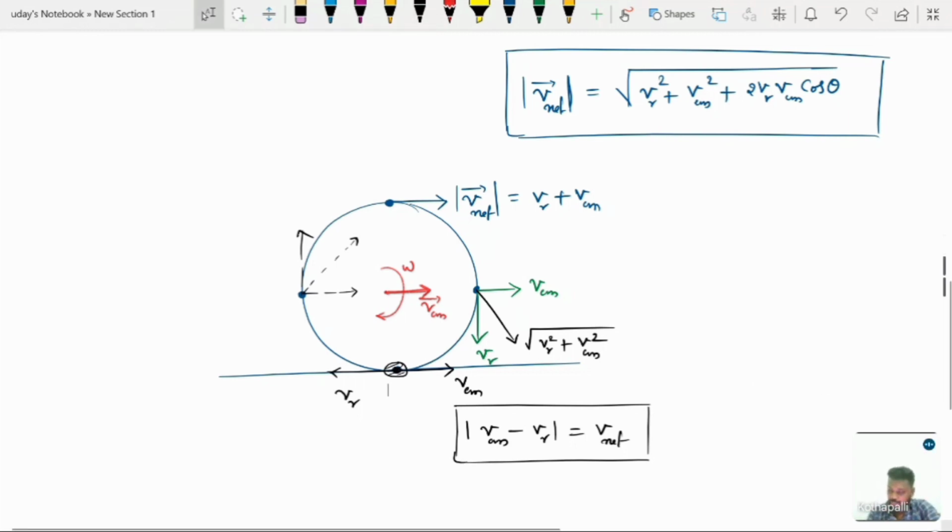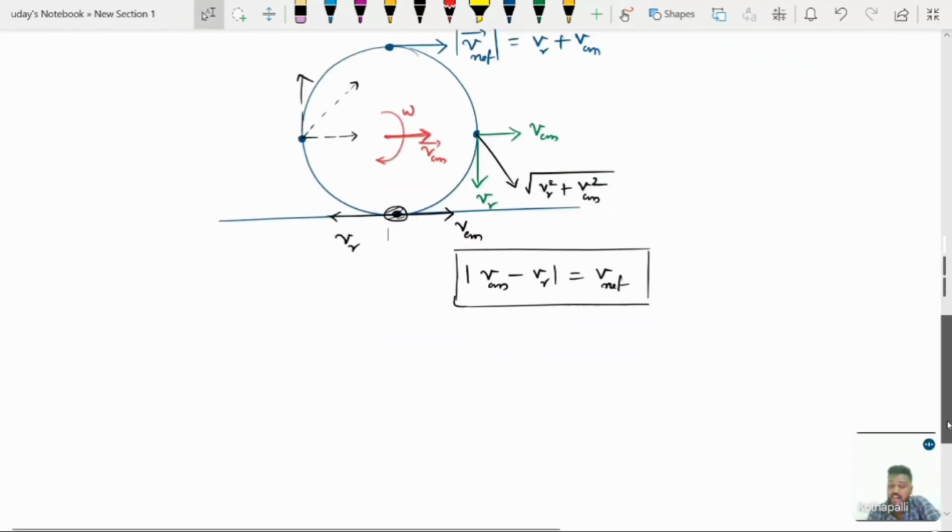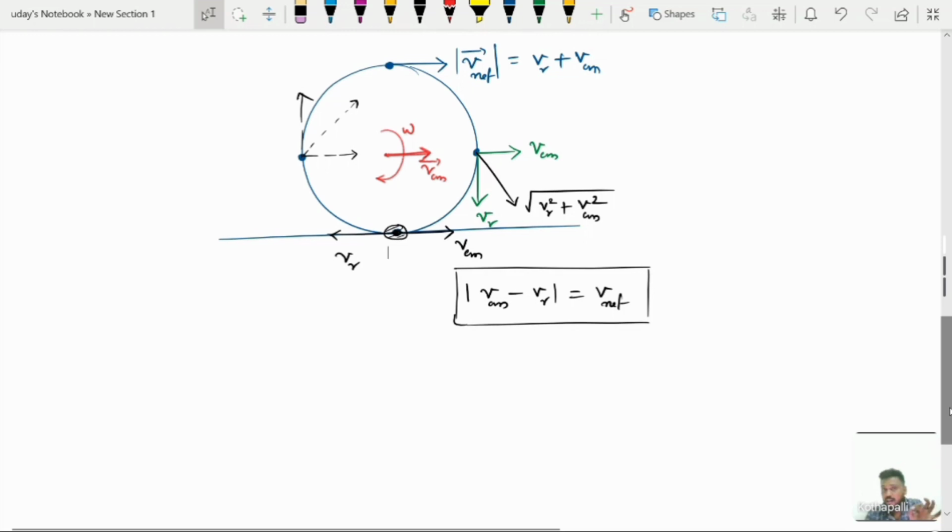What does it mean? Let us see. It is based on the net velocity at the point of contact of the rolling body, this point here.